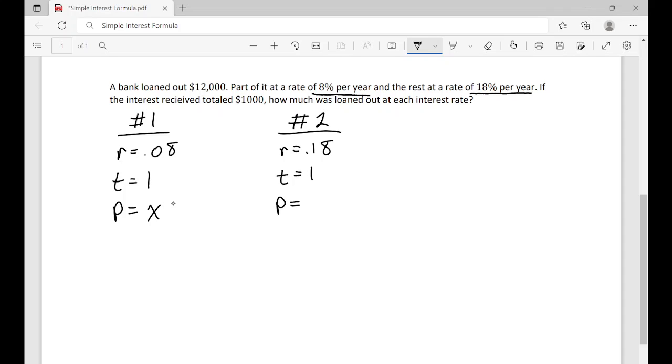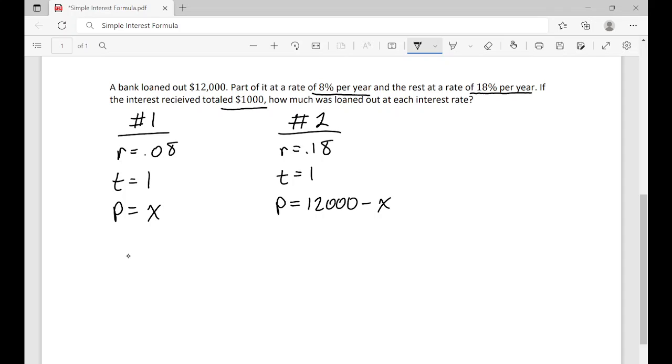But I do know that if I put in this much into the first account, whatever that is, the second account's going to be 12,000 minus X. So if I put in 1,000 here, it's going to be 12,000 minus 1,000. Since I don't know what it is, I'm just going to call it 12,000 minus X. So if I take the interest from account 1 and the interest in account 2 and add them together, I'm going to get $1,000. So let's use our formula.